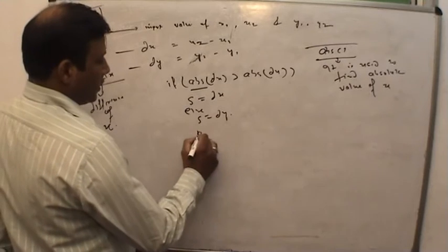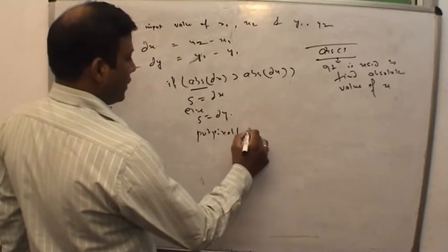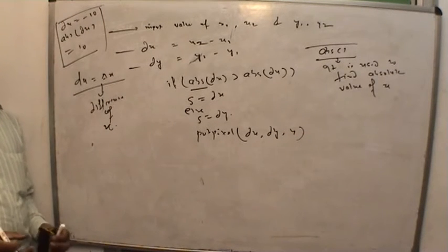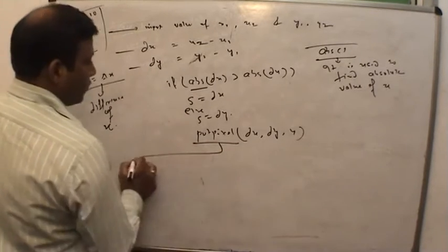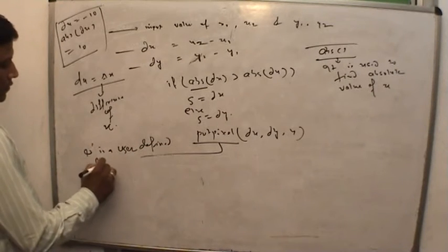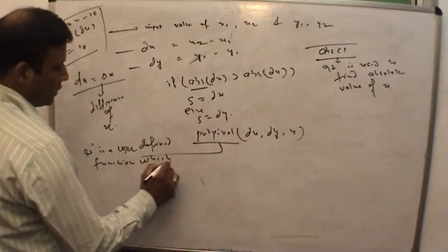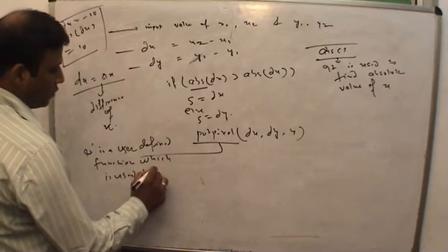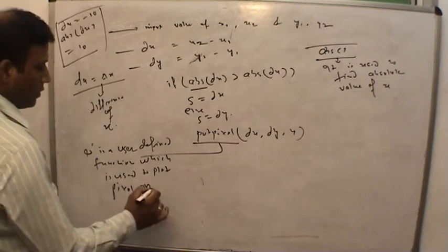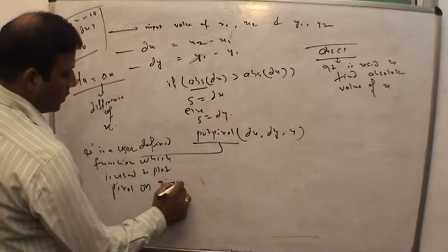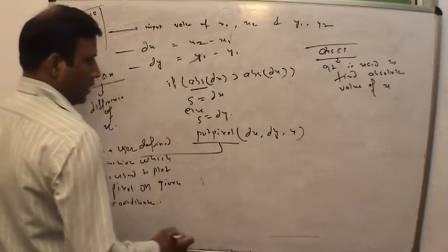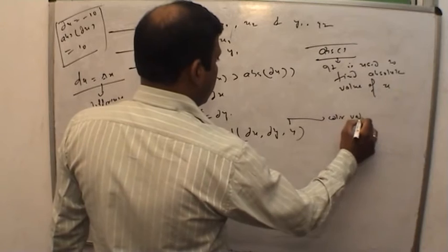And I will call the function for pixels. Here is dx, dy and 4. It is a user defined function which is used to plot a pixel on given coordinates, and this is the color value.